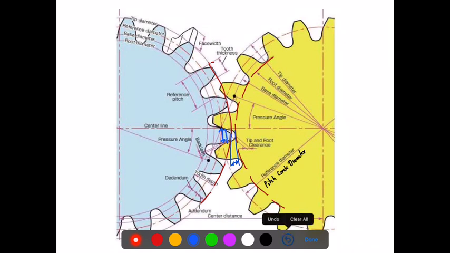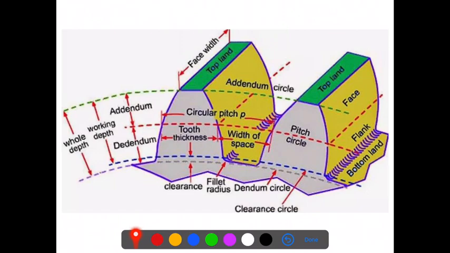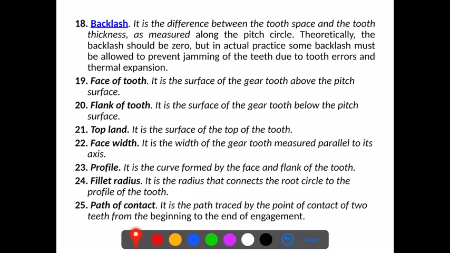There is a certain clearance between these two, and this space is generally called the backlash, the difference between the tooth space and the tooth thickness.